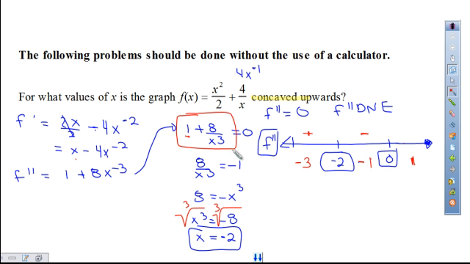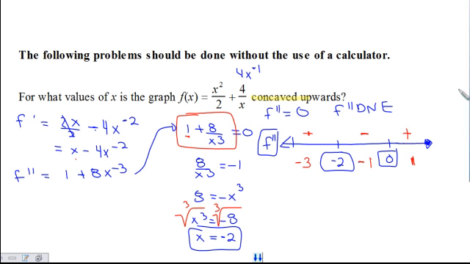If I substitute 1 into here, I get 1 plus 8, which is positive. All right, so if you notice on your second derivative, I'm going to be concave up here, concave down between negative 2 and 0, and concave up in this interval.